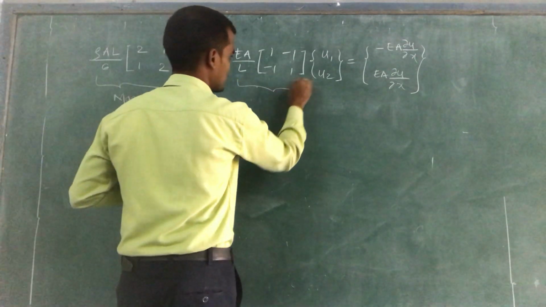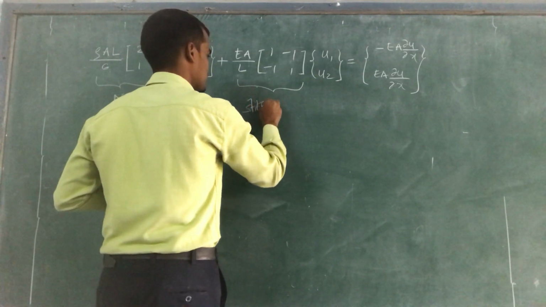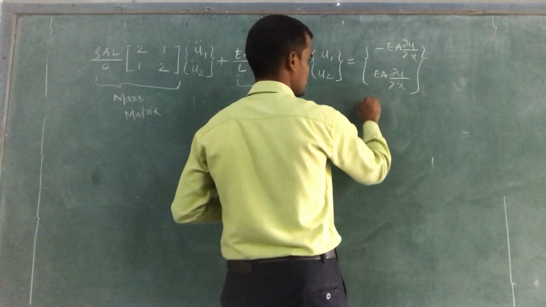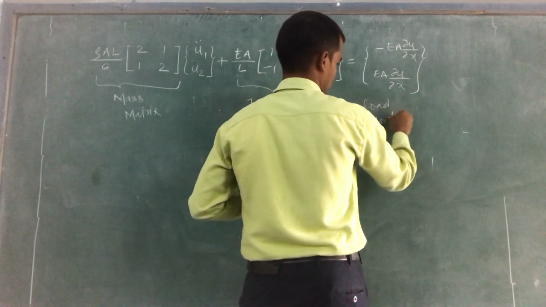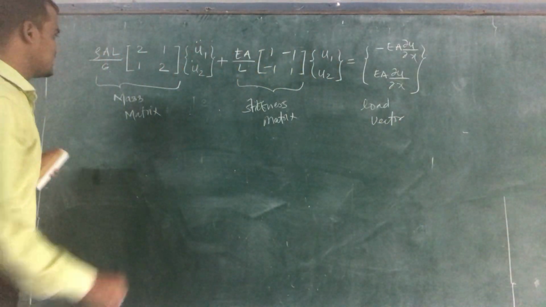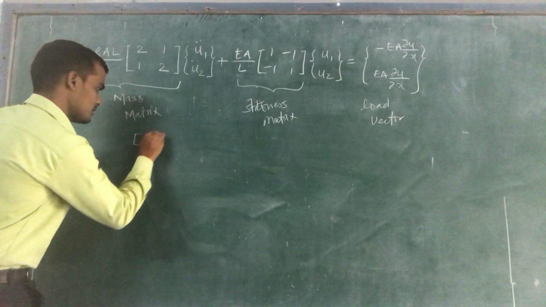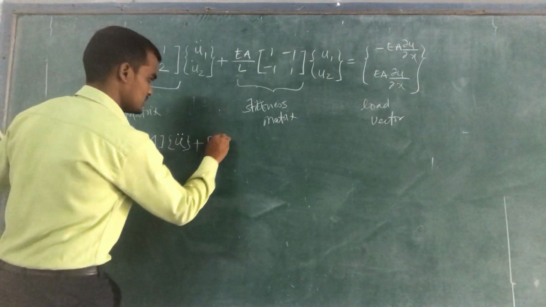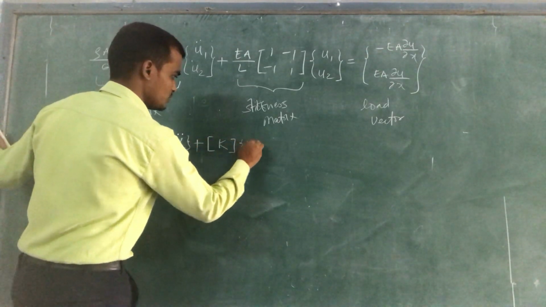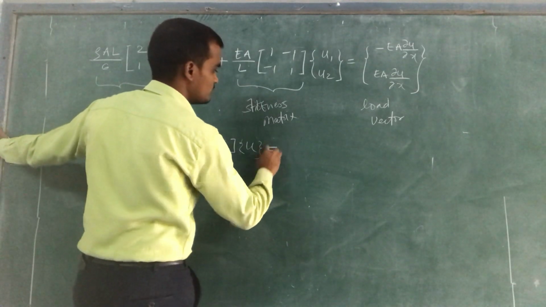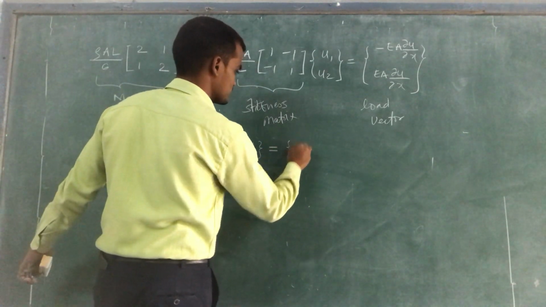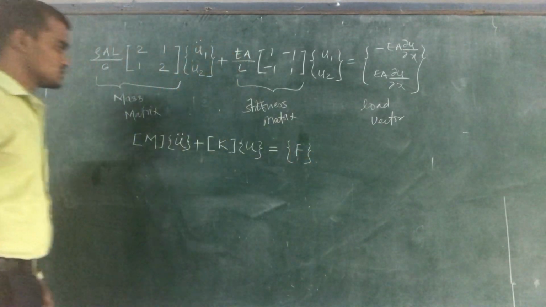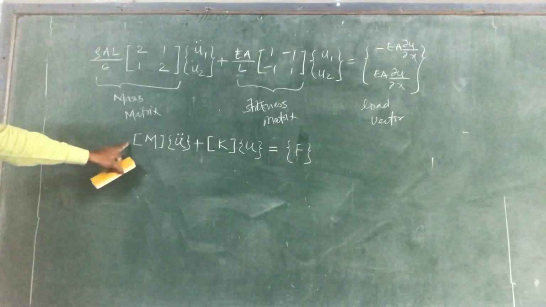This is your elemental stiffness matrix. And this is your load. So by this we can write M into U double dot plus K into U is equal to this force or load. In this way we will get this equation.